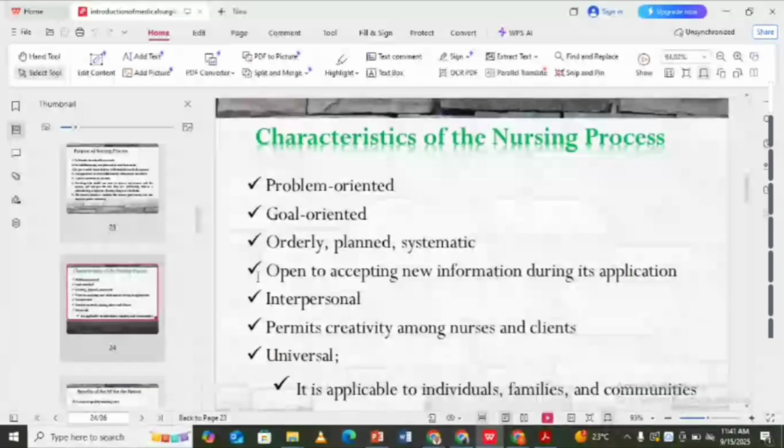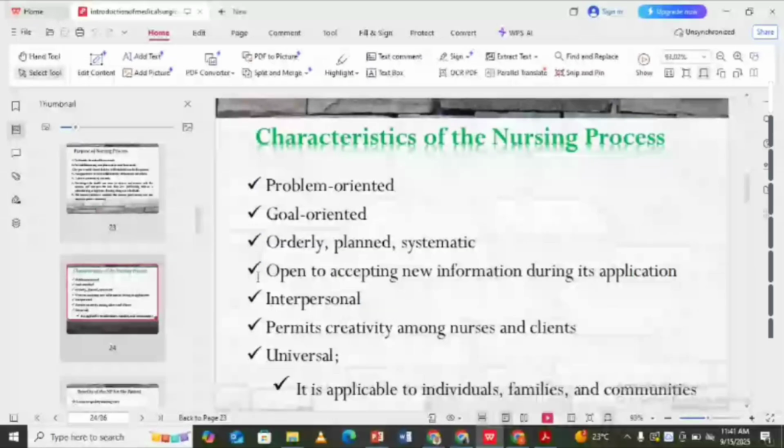Sometimes the nursing process allows you to just be creative to optimize the care that you provide to your patients. You have to be very creative, identify resources, create resources that are going to assist you to take care of the patient.